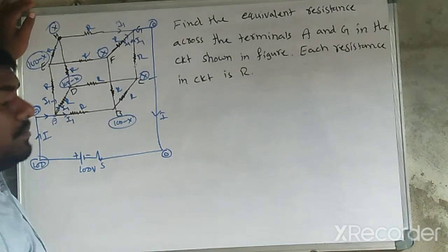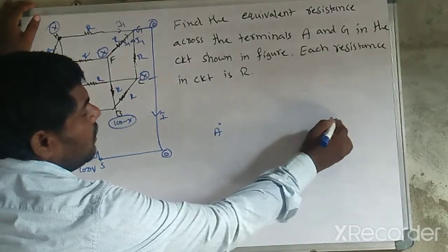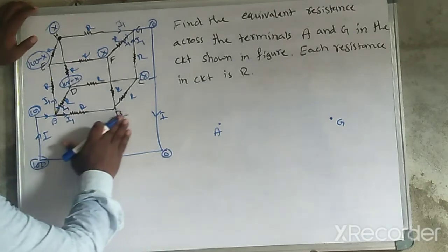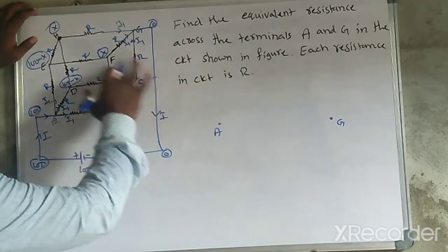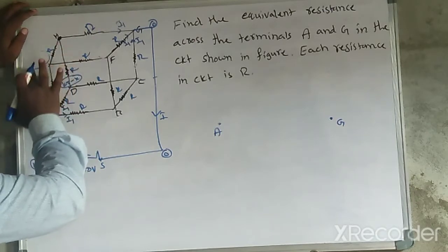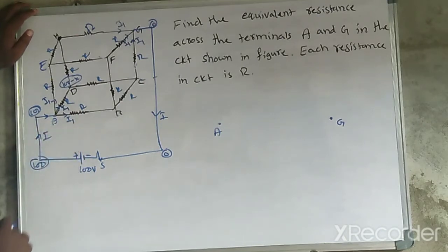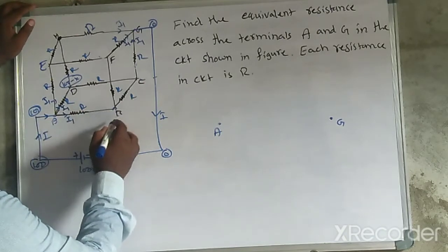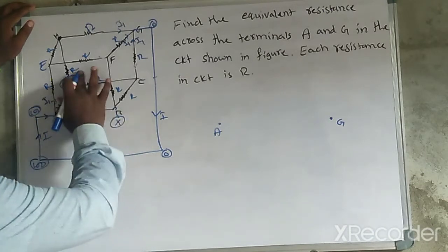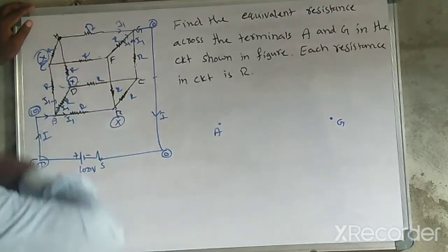So consider the potential at A and the potential at G, and in between I would like to consider different potentials at the terminals. After crossing the B point, I would like to consider the potential X. If this one is X, then this one is also X, and this one also X.